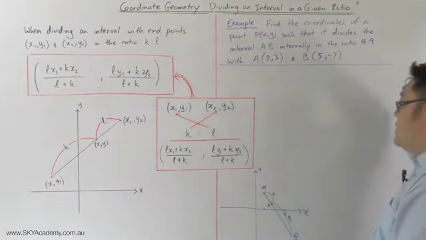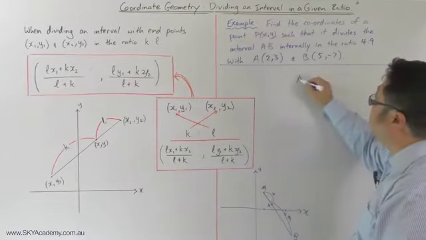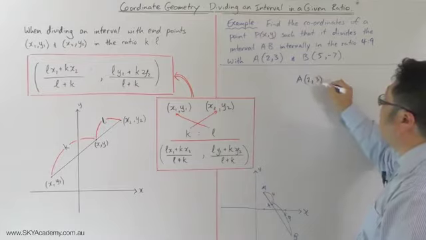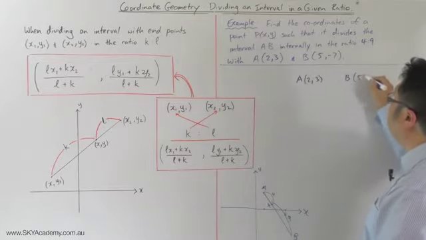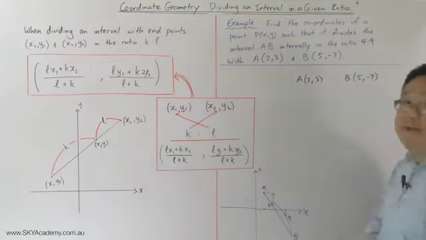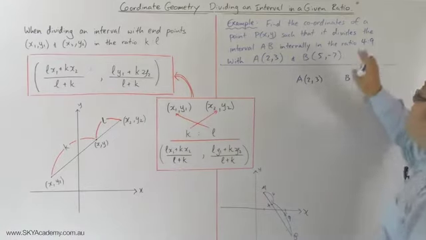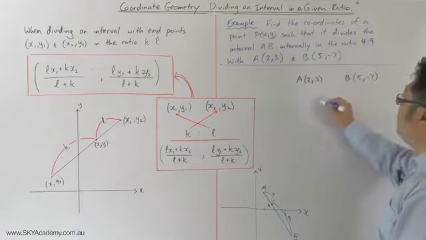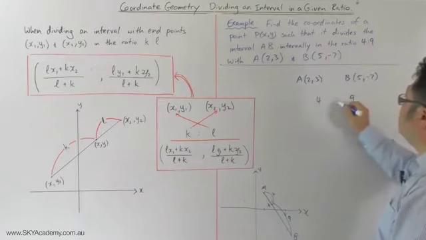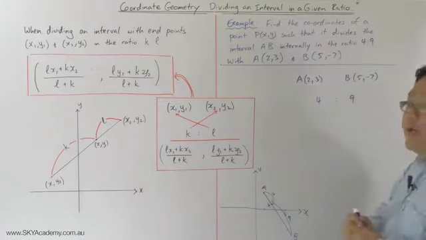This is how we set it up algebraically. You put your two points, A, which is (2, 3), and B, which is (5, -7). Then you put your ratio, which is 4:9.